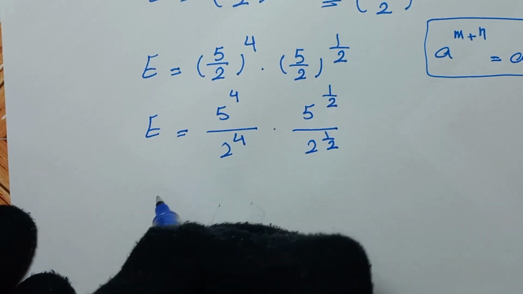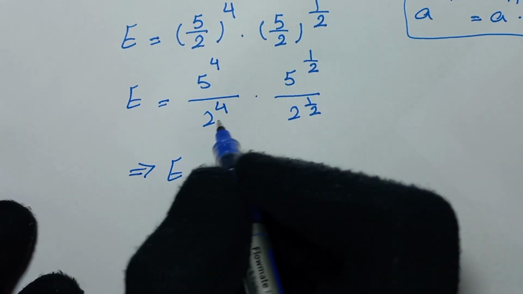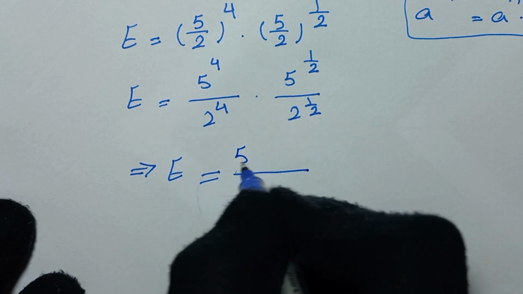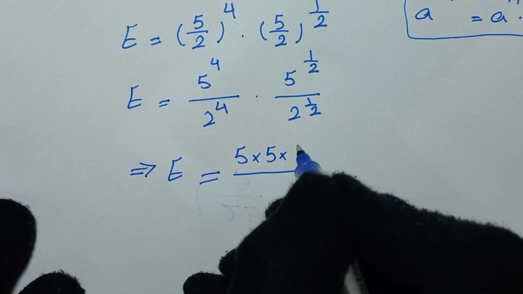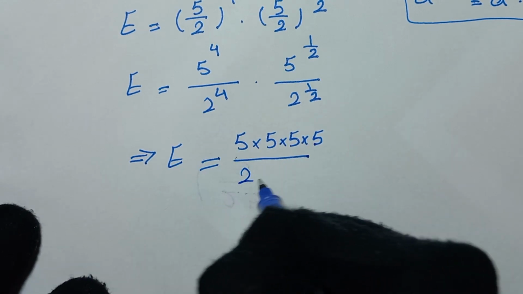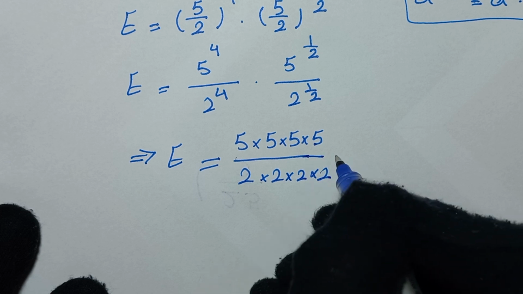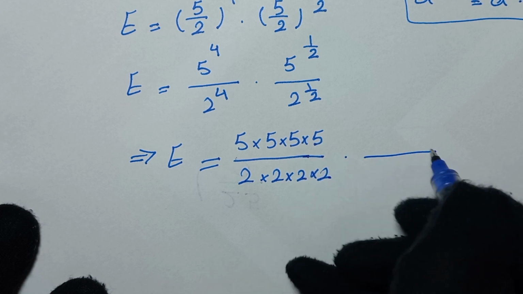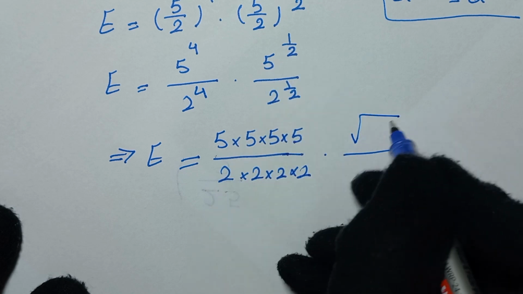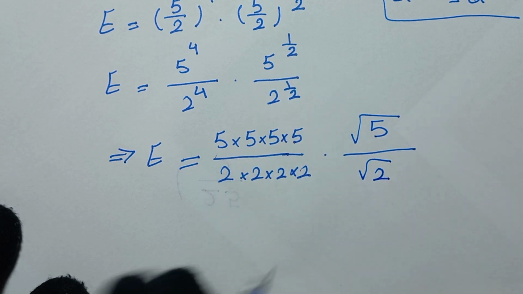So, e is equal to 5 to the power of 4, which is 5 times 5 times 5 times 5, and 2 to the power of 4, which is 2 times 2 times 2 times 2, and times 5 to the power of 1/2. 5 to the power of 1/2 is equal to the square root of 5, and 2 to the power of 1/2 will be the square root of 2, right?